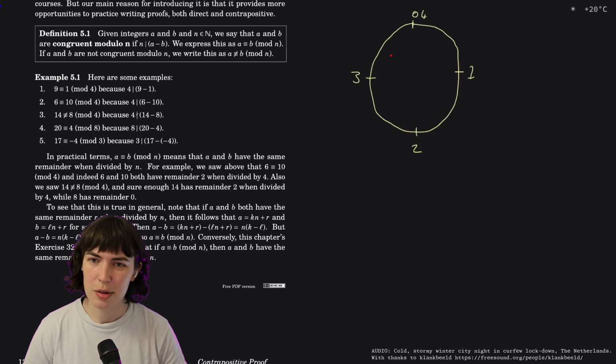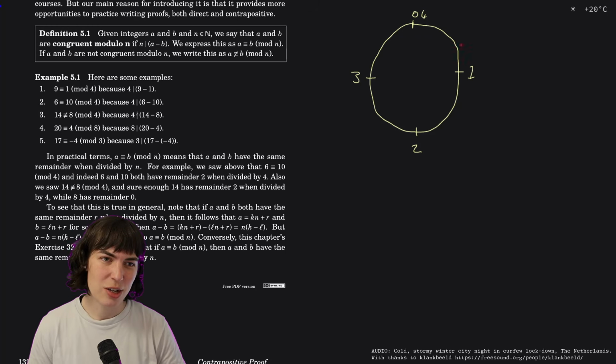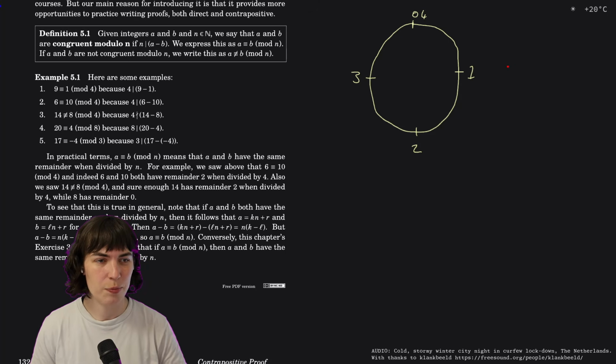Right, so 9 is congruent to 1 mod 4 because 4 divides 9 minus 1. So if we tried to get to the position 9 on this, we go 0, 1, 2, 3, 4, 5, 6, 7, 8, 9. So we'd end up with 9 here. And of course 1 is at that position. So does it mean that if we're following like a clock, we end up at the same position? Let's try that out with 6 and 10.